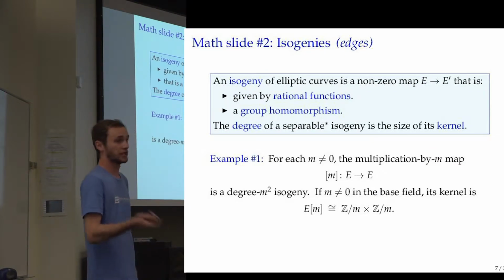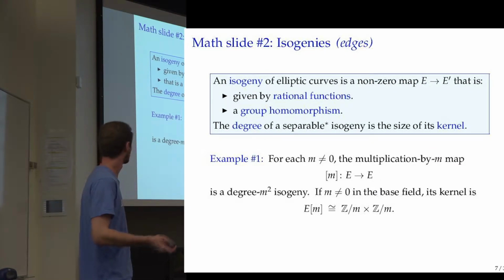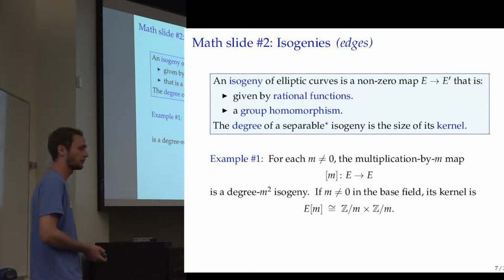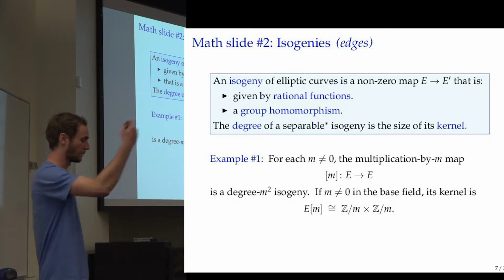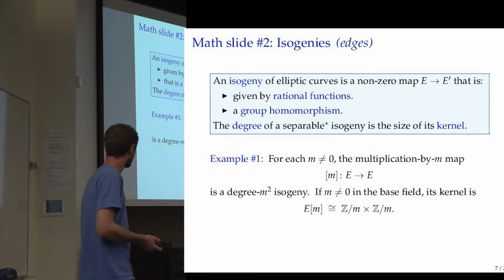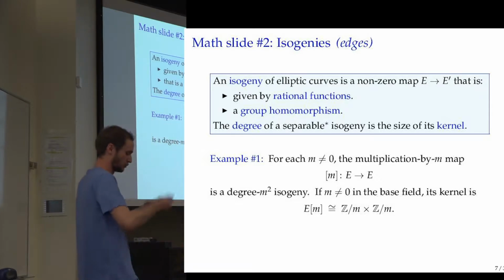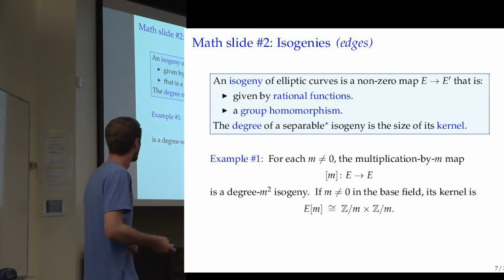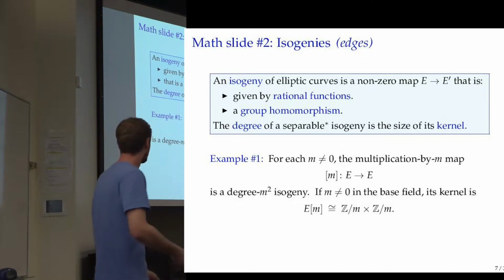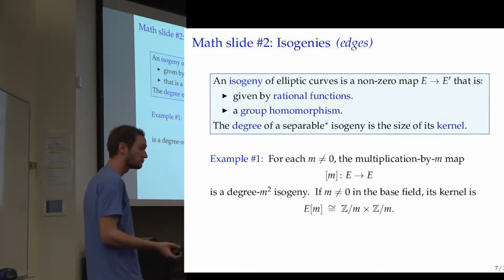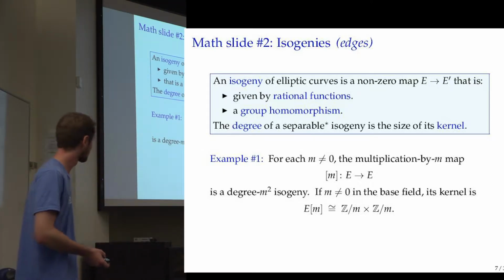For example, in every abelian group, any group actually, you can look at the map that raises an element to its mth power, for any integer m. So, right, clearly you can take any scalar, you just multiply a point by itself so many times. And as it turns out, for the curves, the degree of this map is m squared, meaning it kills m squared points.